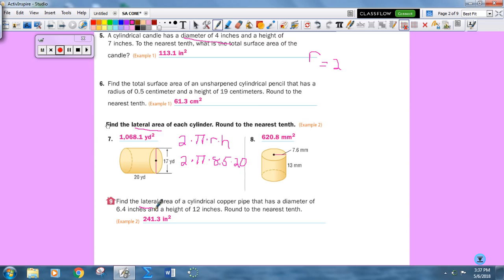9 again is just the lateral area, so again you're doing 2 times pi times r times h. They told me my diameter, so my radius is 3.2. So again, I just substitute that in. So it's 2 times 3.2 times pi times 12.